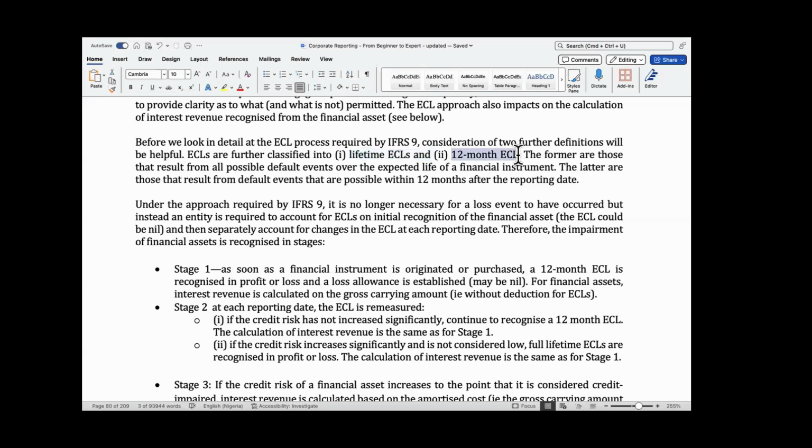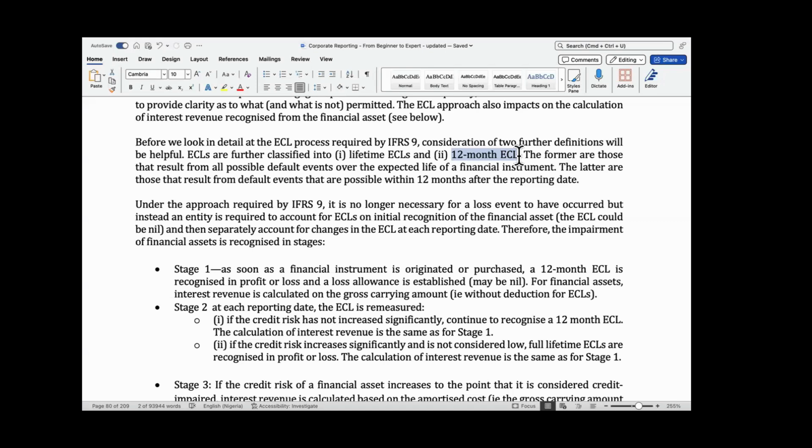You will see a simpler way of doing evaluation. But 12-month ECL, this one is saying, okay, why not restrict it to 1 year? It will be easier like that and a bit less assumption. So this is saying estimate a loss that can arise from default events within 12 months.